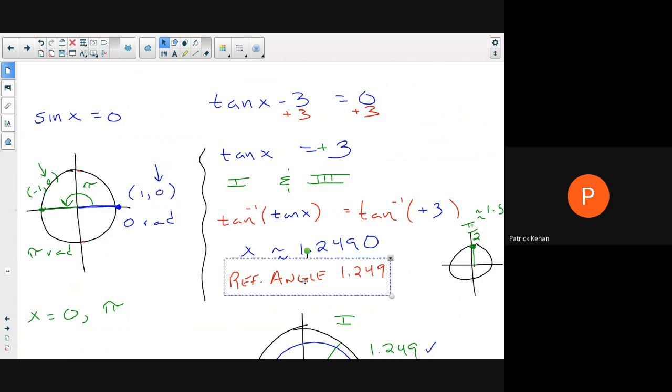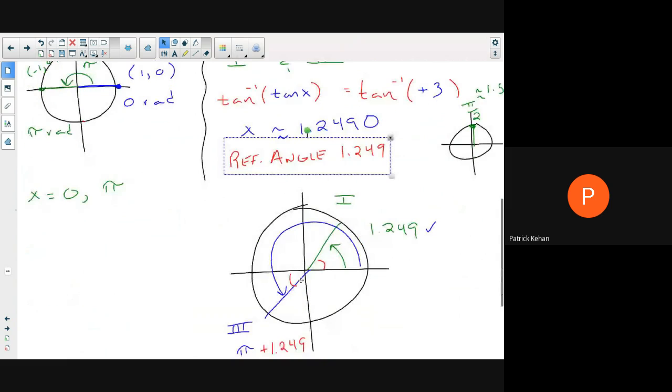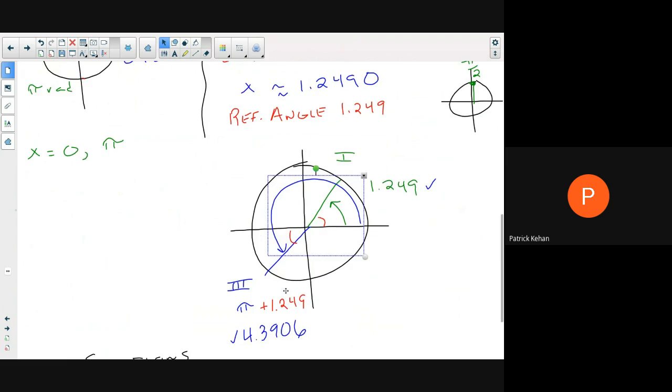This is beneficial. We're going to use this reference angle for quadrants 1 and 3 to find our actual angles. In the diagram, I have a green angle in quadrant 1, a blue angle in quadrant 3, both with the same red reference angle right here. The first quadrant angle is identical to the reference angle, 1.249 radians. For my blue third quadrant angle, I add my reference angle of 1.249 to pi radians.